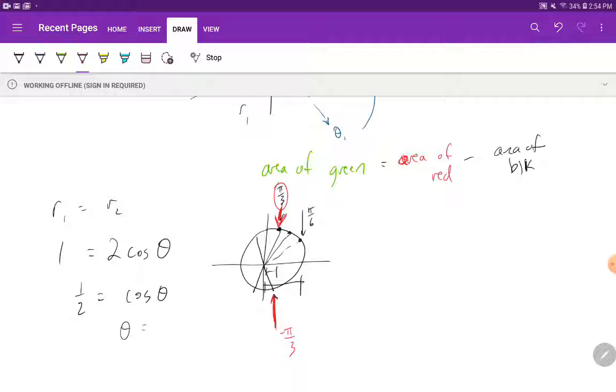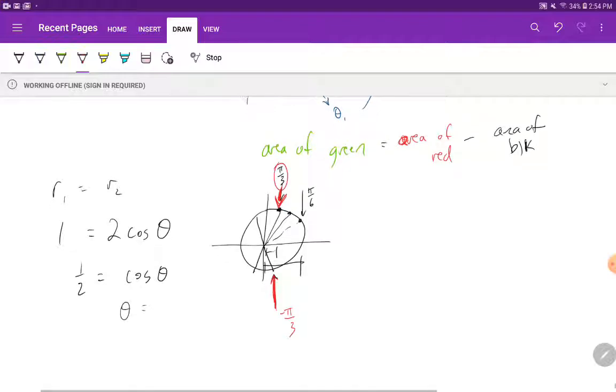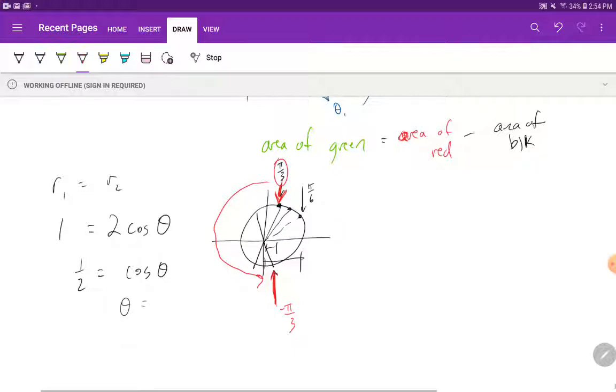Okay? Please be careful. Do not say pi over 3 to, what's pi over 3 plus 3 pi over 2? Whatever that is. Is that 5 pi over 3? Yeah. So it is not pi over 3 to 5 pi over 3, okay?